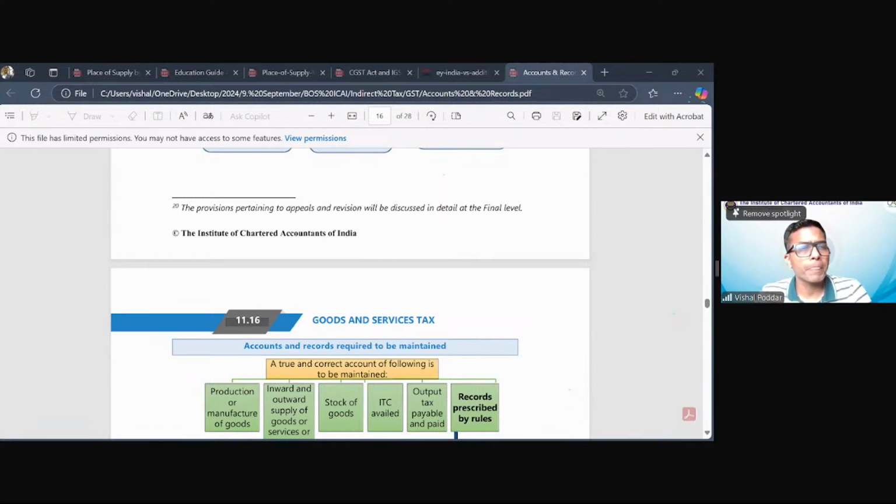Am I clear? So I've covered the majority of the clauses. After this, all are small clauses. For NRTP, credit is blocked except for imported goods. All other items, credit is blocked. If you're buying from a composition dealer, credit is blocked.